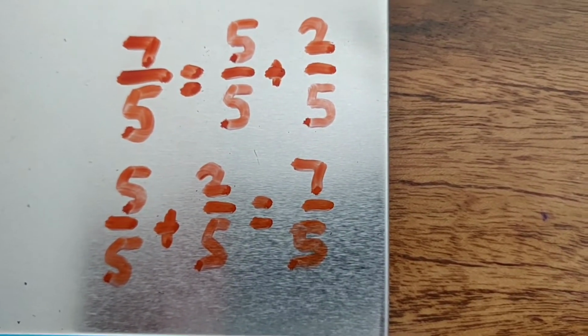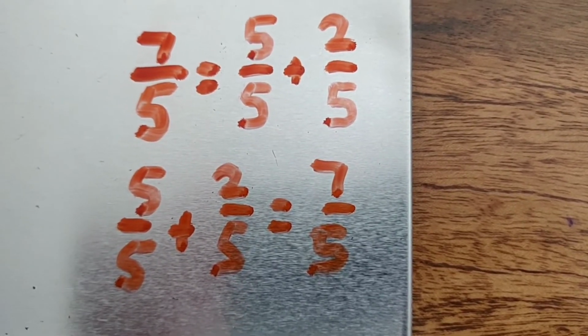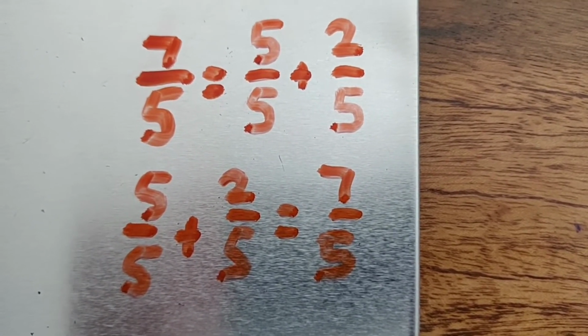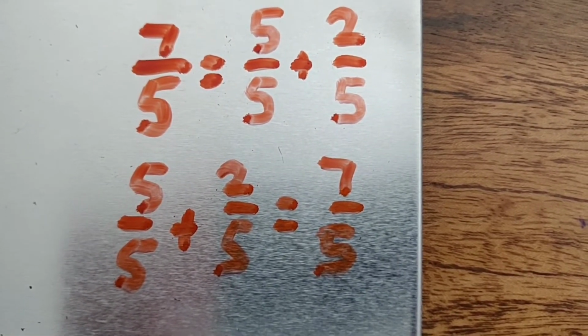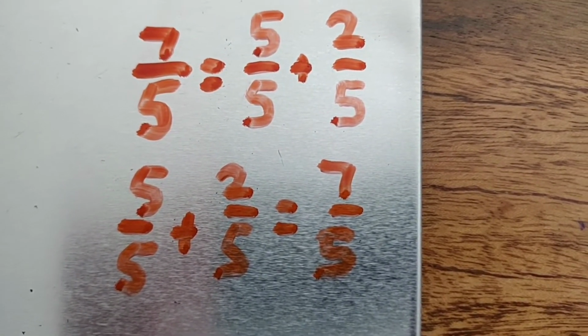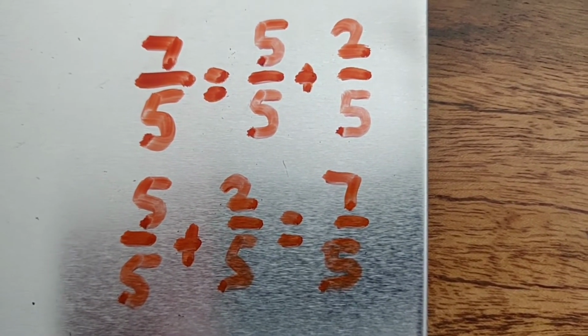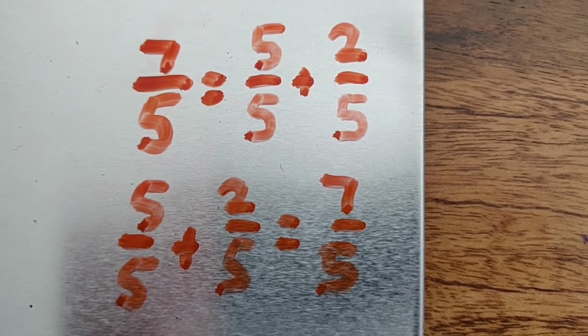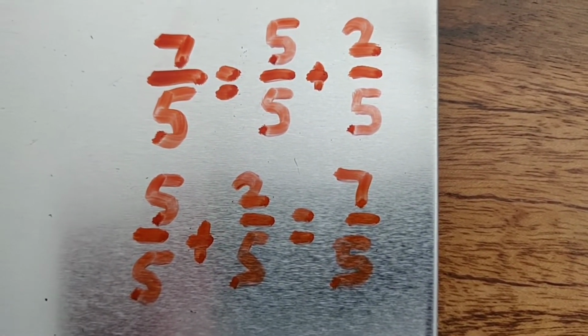And that may not surprise you, because you may already have learned that when you add two fractions with the same denominator, you just add the numerators, and the denominator stays the same. So we could also look at that as 5/5 plus 2/5 equals 7/5.